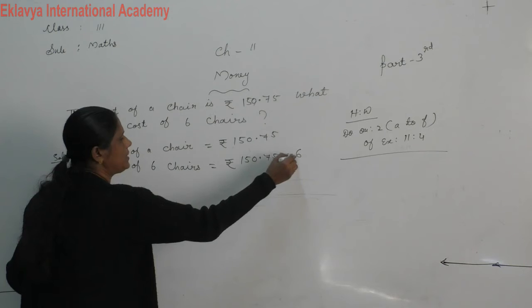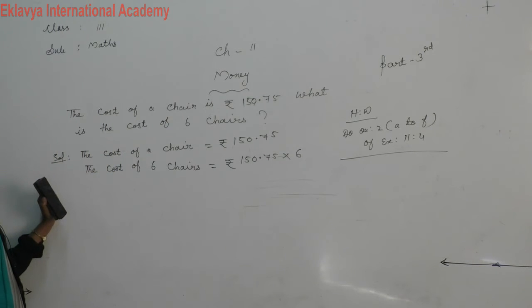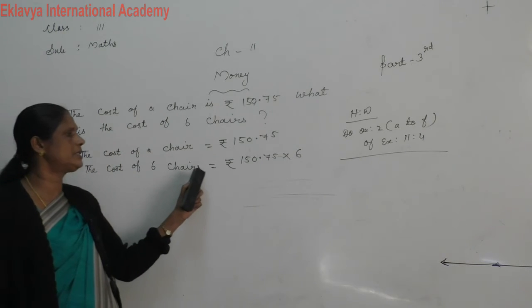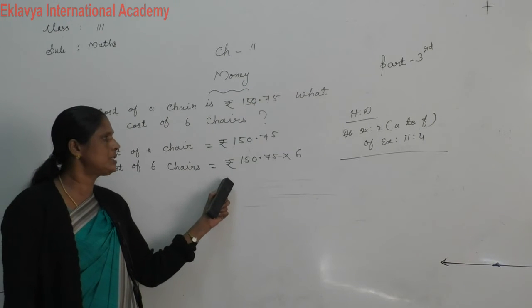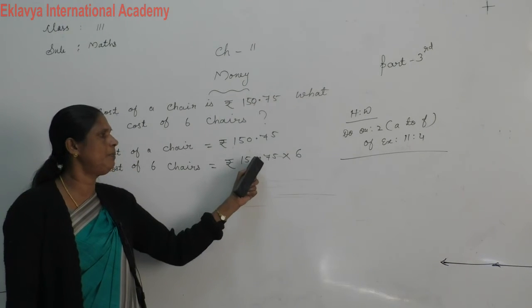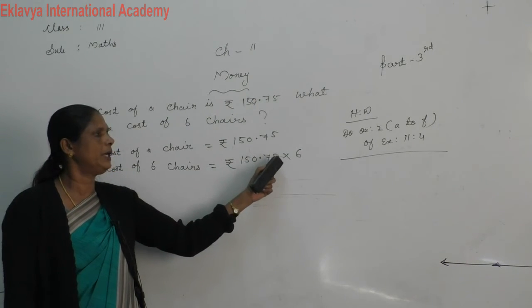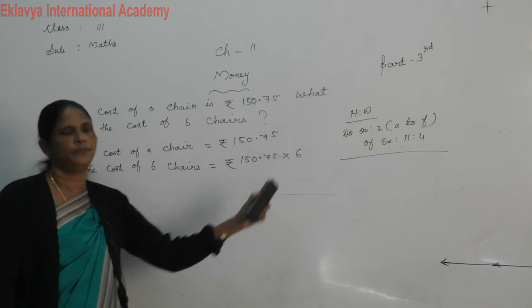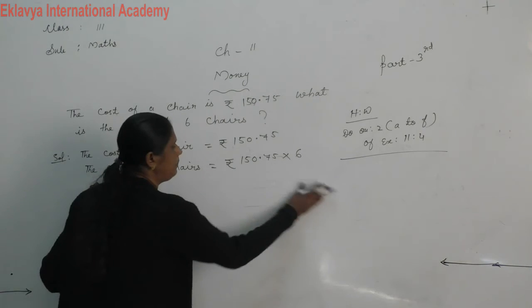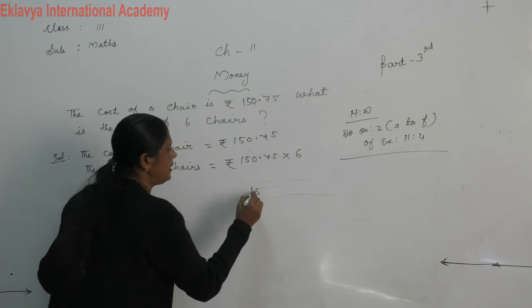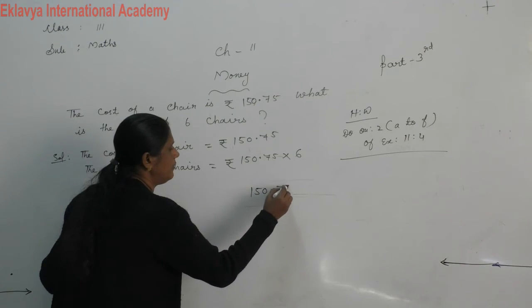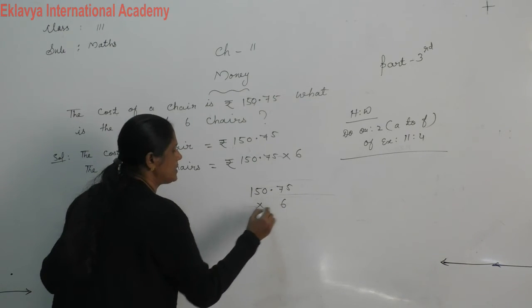The cost of 6 chairs is equal to rupees 150.75 multiply 6. Now we multiply this number.